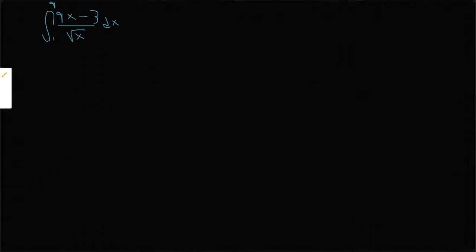So we could rewrite this as the integral from 1 to 9 of 9x over square root x minus 3 over square root x dx. And let's use properties of exponents to rewrite this again.